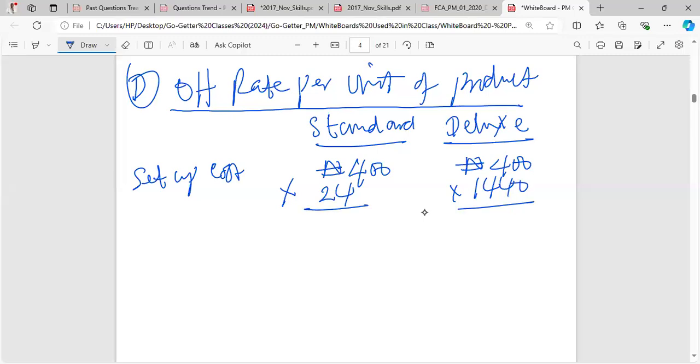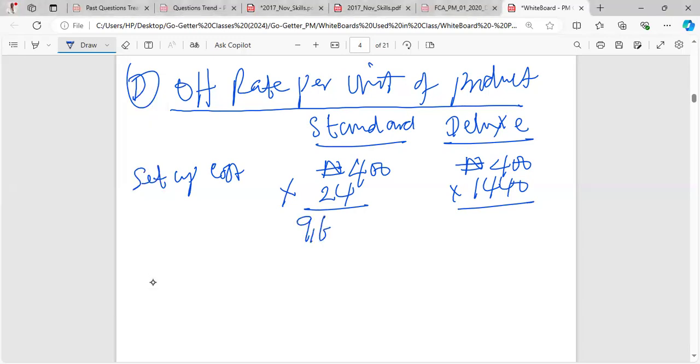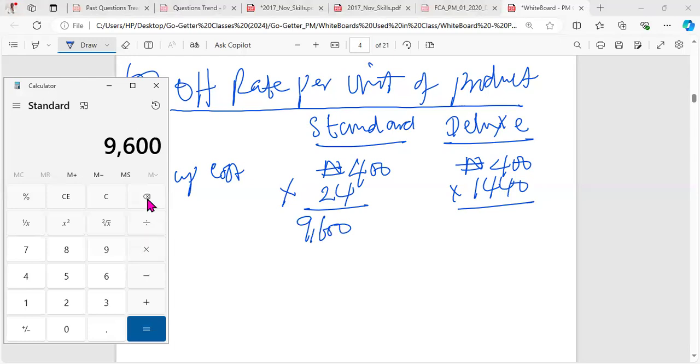So what do we have? 400 times 24 gives me 9,600. Then the other one here is 400 multiplied by 1440, and that gives me 576,000.